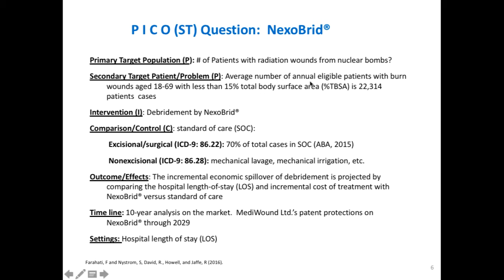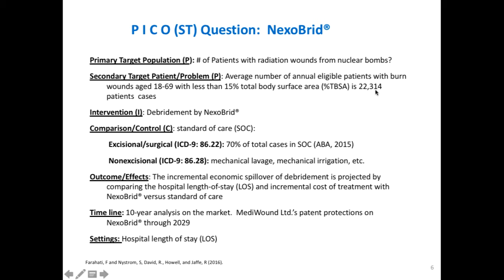So the average number of the annual eligible patient with a burn wounds age between the age of 18 to 69 with a less than 15% of total body surface area is 22,314 patients from the American Burn Association data.